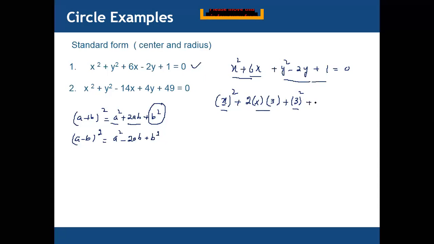So the first number is actually y square minus 2a, then we have b, and then we need to add b square here. So what is a here? A is actually y. So write down here 2a. So what will be b?